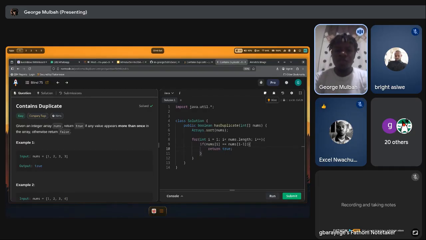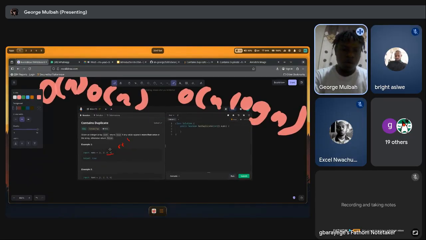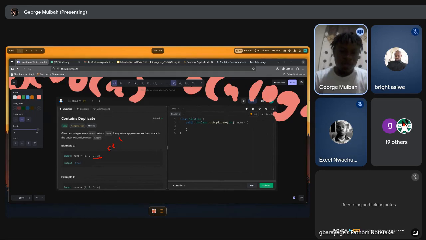So what he was saying is this solution. Okay, so this one will come first. If you are given an array like this, and the array is sorted, in this case, if I zoom into this image a little bit, you can see we have 3 here.